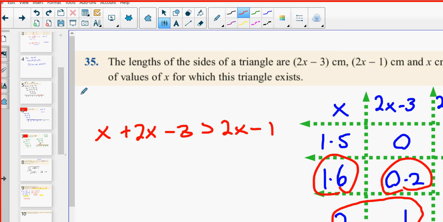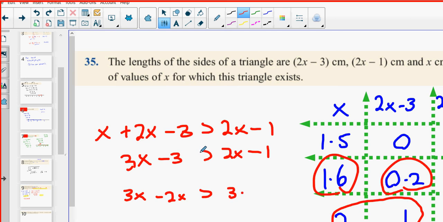So check this out. 3x minus 3 greater than 2x minus 1. 3x take away 2x is bigger than 3 take away 1. x has to be bigger than 2. We knew that, didn't we? How do we know x has to be bigger than 2 again? Basically, yeah, it means the two smaller sides will be bigger than the third side. Any value bigger than 2 will result in that.